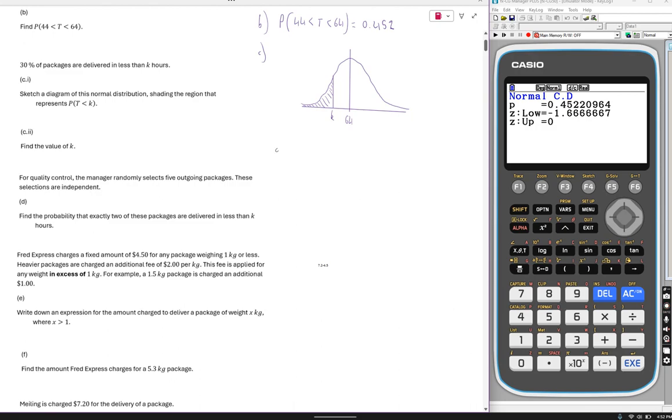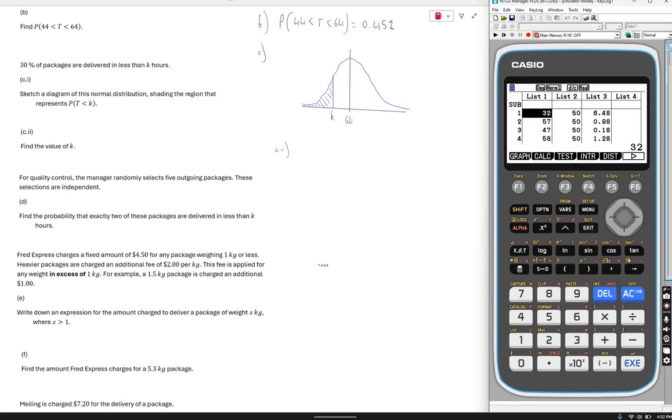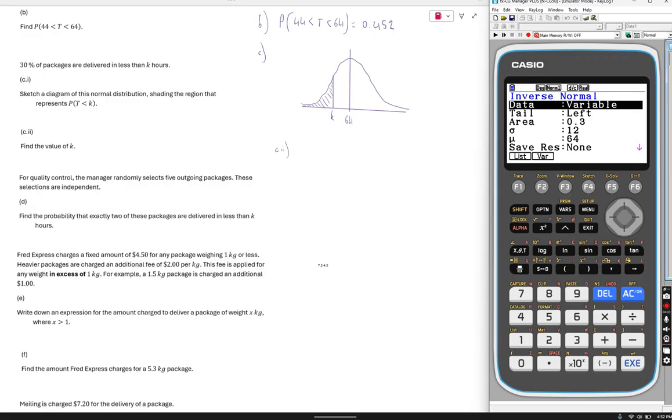CII, find the value of K. Now we need to go back to stat mode, distribution, normal distribution, and we want the inverse normal. We want it to be a left tail because you can see from my diagram, it's a left tail. If I look at CI again, it says that 30% of packages are delivered in less than K hours.